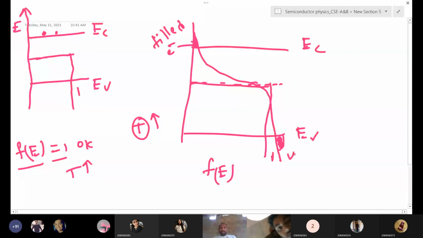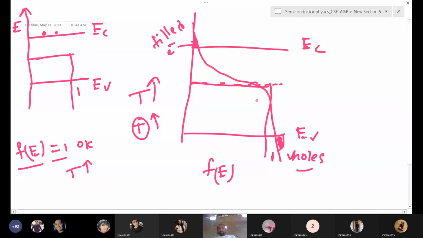Even if you increase the temperature further, more electrons fill these states and more electrons are vacated in this region. If you increase the temperature, more bound electrons break the covalent bonds in the valence band and jump into the conduction band.